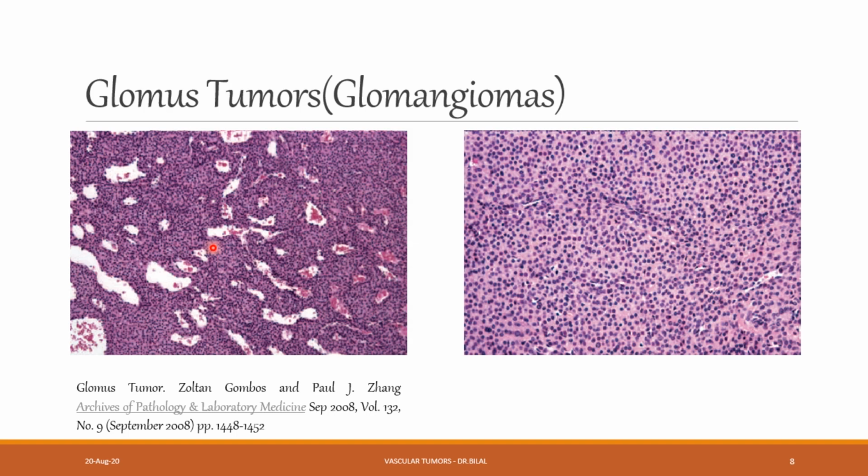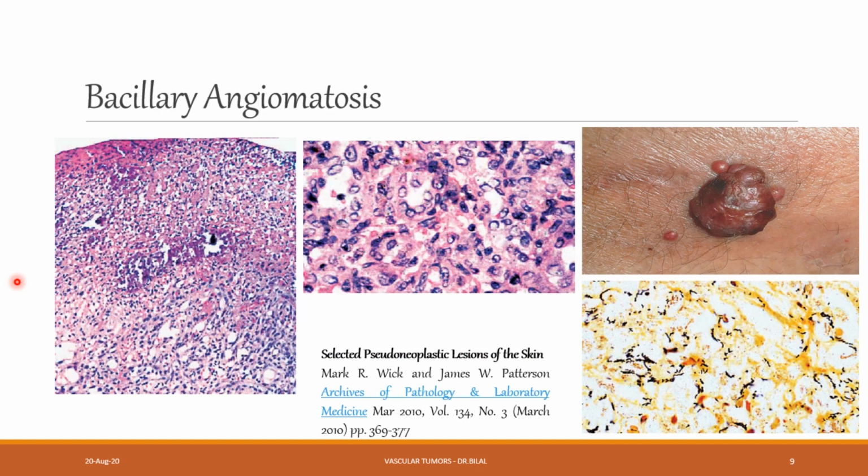So this is glomus tumor. Glomus tumors generally present at the fingertips with pain, which is the classical history, and this is how they look histologically. There are vessel-like areas lined by endothelial cells, and in between there's proliferation of cells with eosinophilic cytoplasm and round oval nuclei, and there are no mitoses generally.